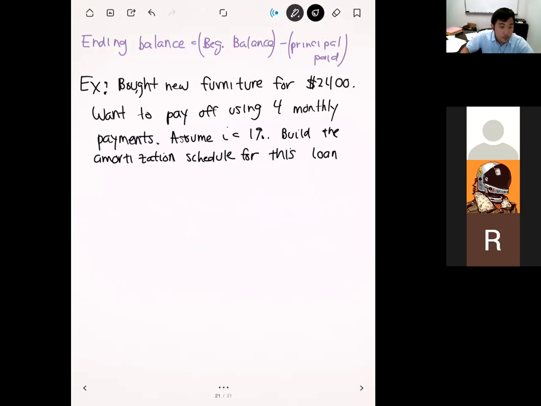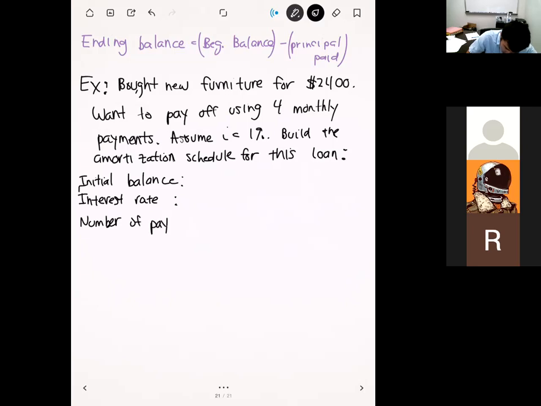All right, so first let's start by writing the header information. We're going to need to fill in things like the initial balance, the interest rate, the number of payments, and then the monthly payment amount.